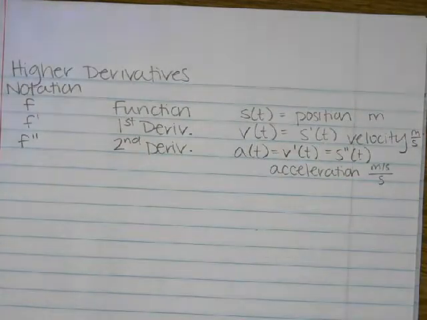So how many meters per second are you speeding up per second? Kind of weird. So think about it again. If we're driving, how many miles per hour are you speeding up per hour if you're just going faster and faster and faster? Because you're driving at a certain speed, but then you're changing the speed that you're driving at. So you're changing a rate of change. Okay, wrap your brain around that.